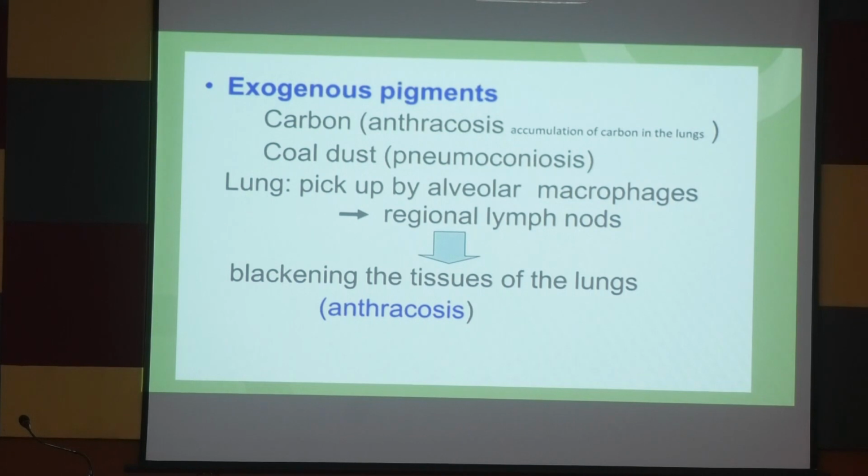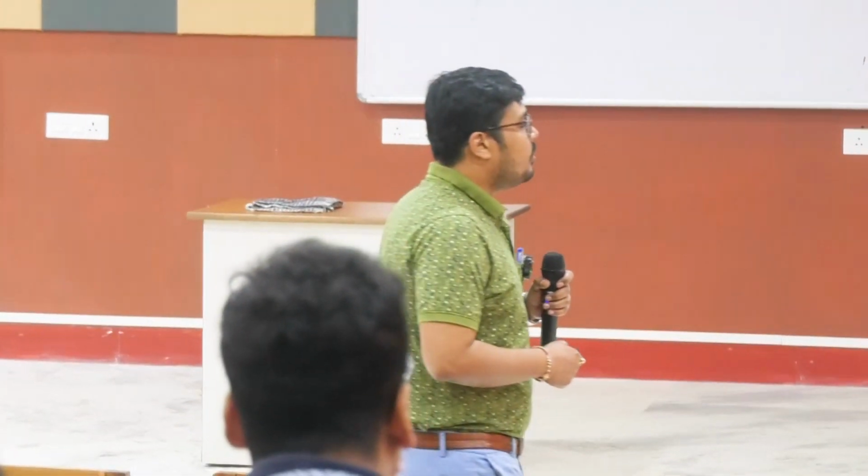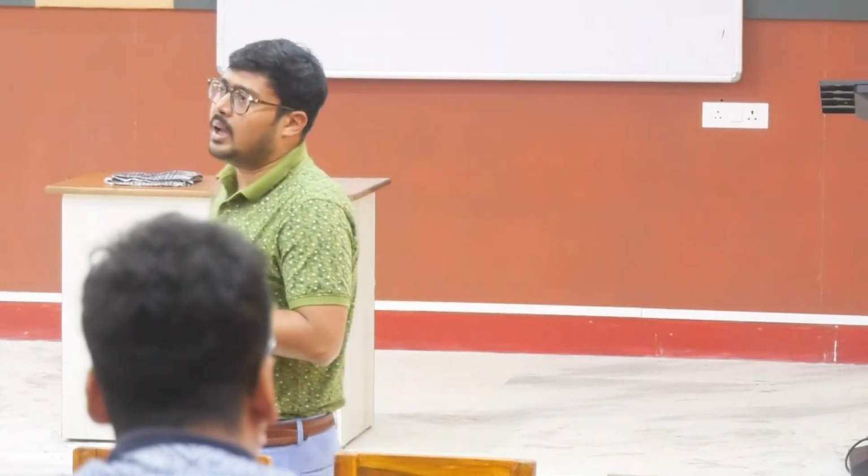So the people or the coal miners, those who work in coal or in mines, have contact with coal or anthracite in their lifetime, they have a tendency to develop invariably anthracosis in their lungs.